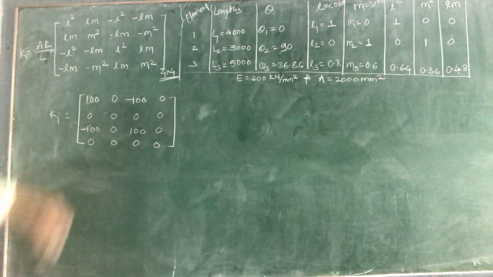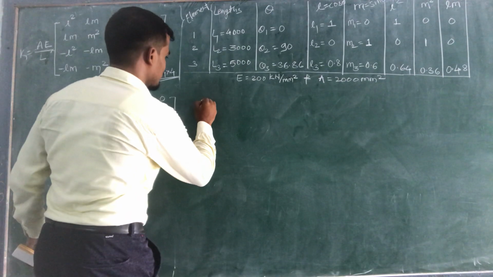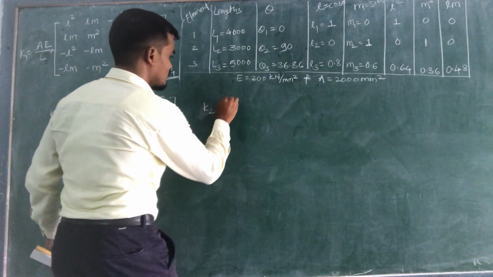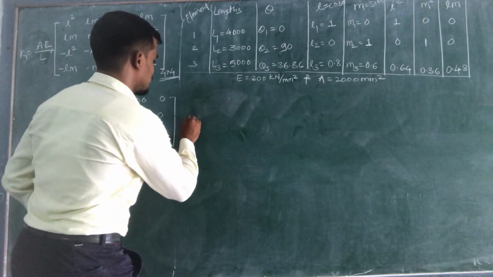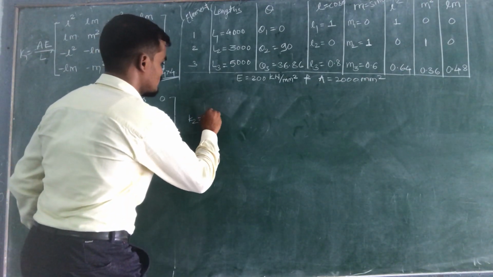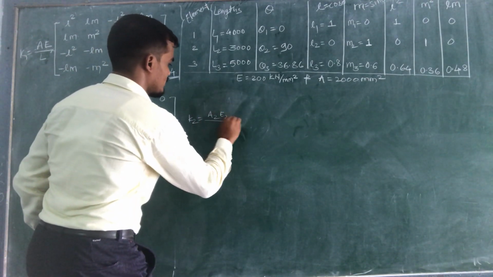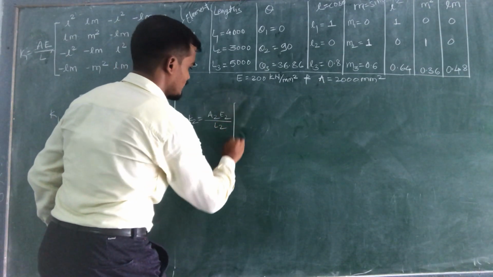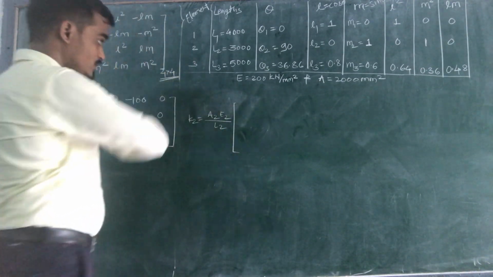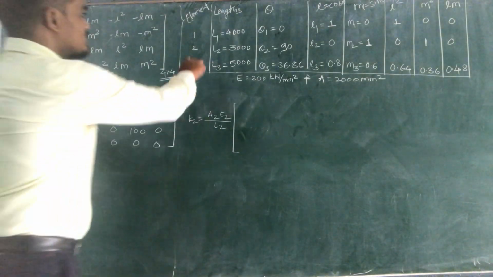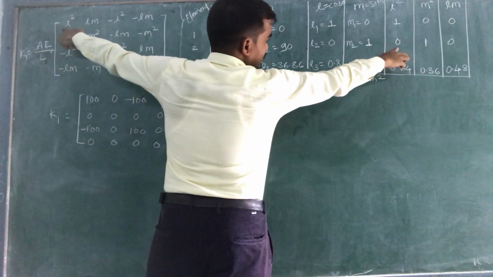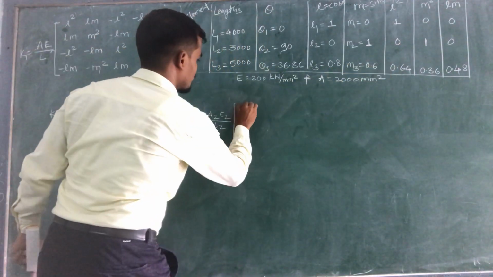Now similarly, the second elemental stiffness matrix K2. K2 is equal to A2 E2 by L2 into this matrix. Now, for the second element, L square is equal to 0.